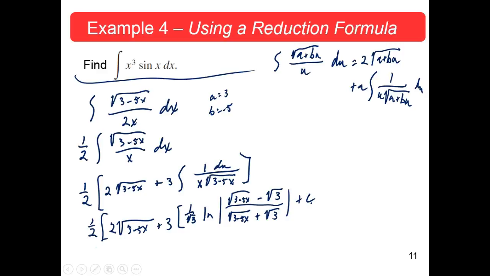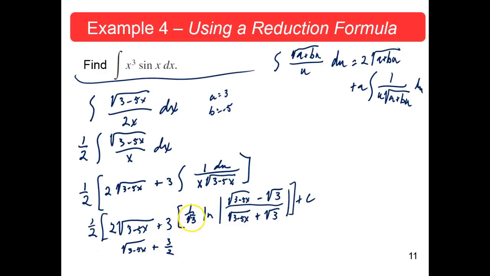All right. Now, I'm going to bracket that off there and see if we can clean this up just a little bit. Well, the 1/2 and the 2 are going to get rid of each other, and that's going to be the square root of 3 minus 5x. Plus, now that can't get rid of the 1/2 there, so that's going to be 3/2.